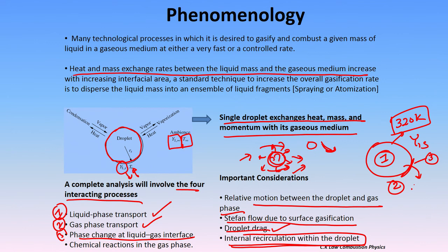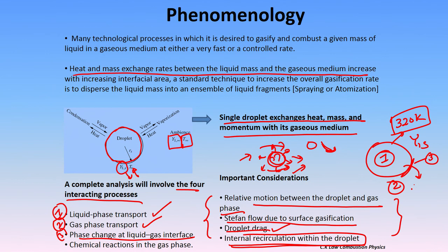So, you can have the gasification effect that I mentioned a few moments ago, the blowing effect, which will also be part of this. We have to look at all these things in a holistic manner if we have to understand this problem at different levels.